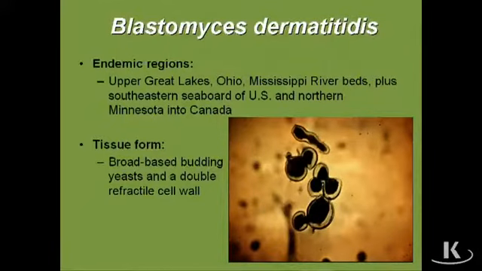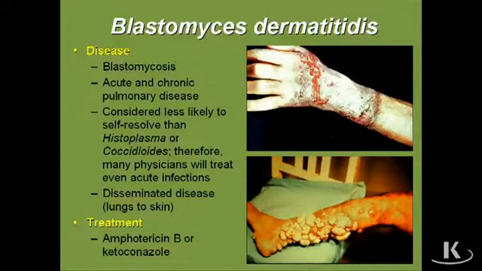Okay, so it does follow that Ohio-Mississippi River Valley, but it extends a little bit further on both ends, more so than histoplasma. Again, here's your tissue form, your broad-based budding yeast, and again, you should be able to recognize an image of that, or you should understand the description of that. Now, the diseases for blastomyces are typically considered less likely to resolve than histo and coccidioides, but you can see the dissemination here to the skin.